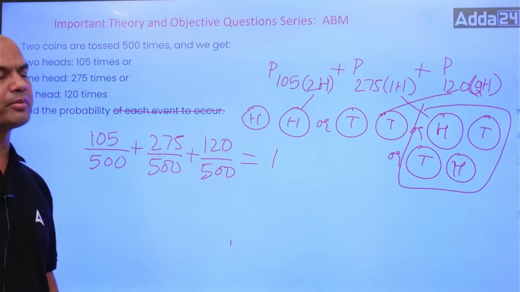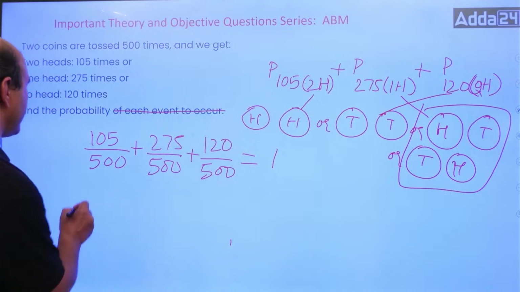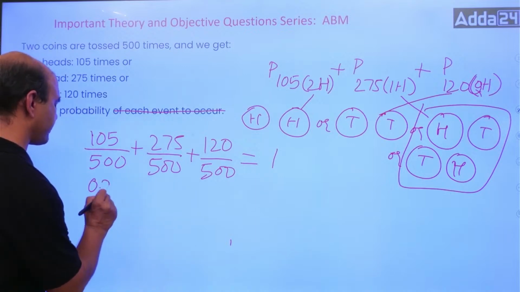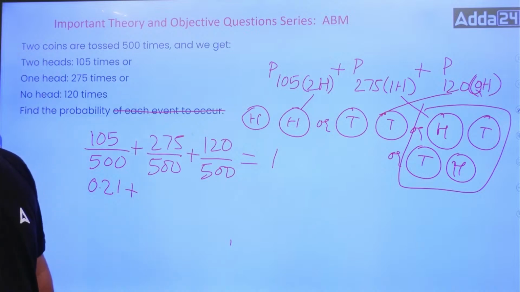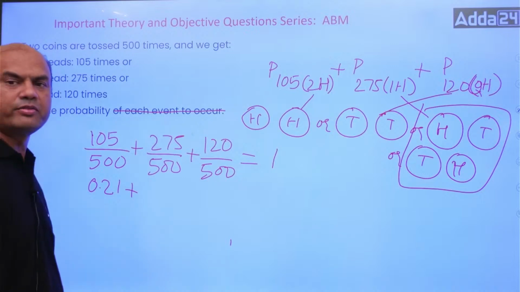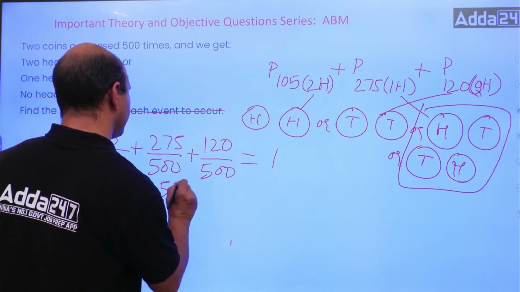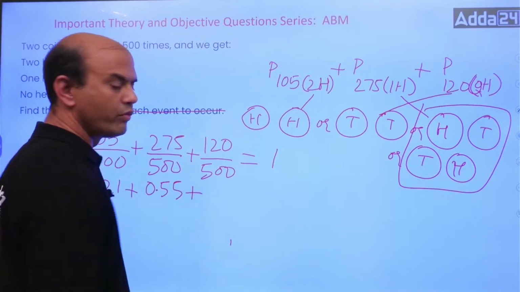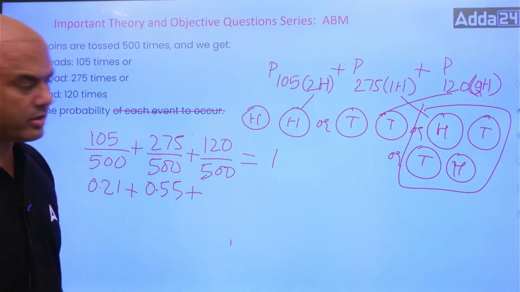So 105 upon 500 is 0.21, plus 275 upon 500 is 0.55, plus 120 upon 500. So it is 0.24.